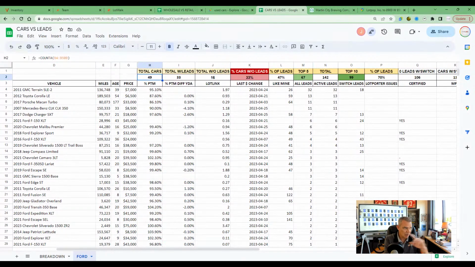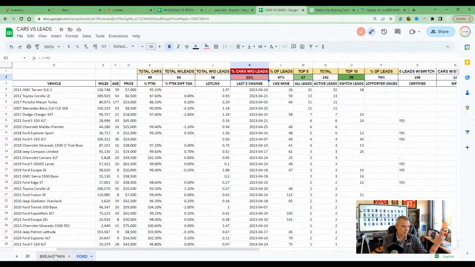Now, of the 49 total cars, 16 didn't have leads at all, or 33% of his inventory didn't have leads. So looking at the top 10 cars, 70% of those leads are on only 10 cars, and 33% of his cars have no leads.